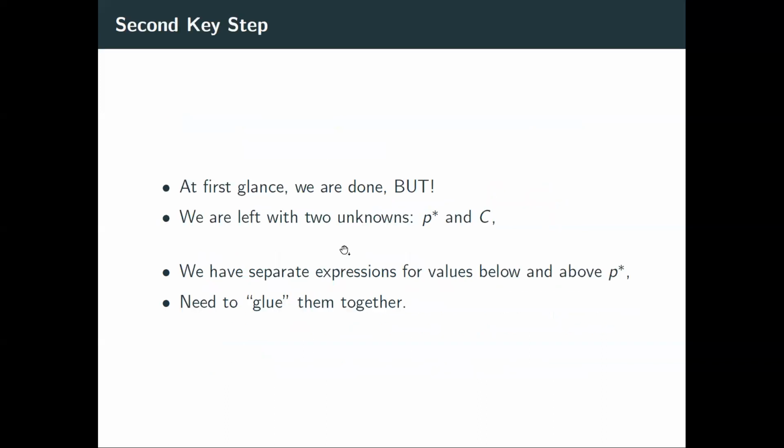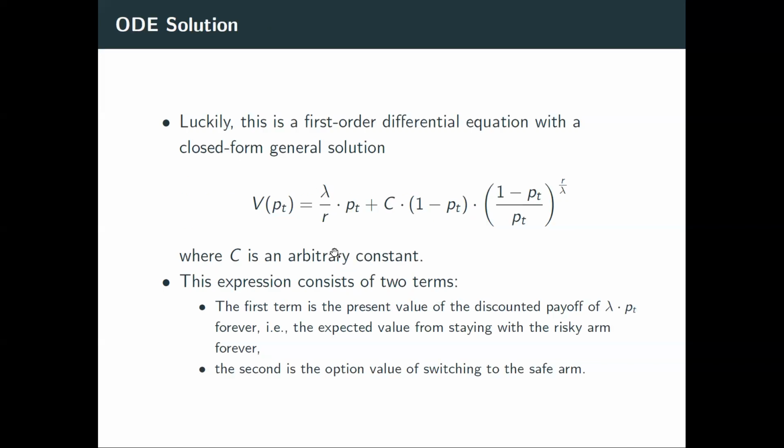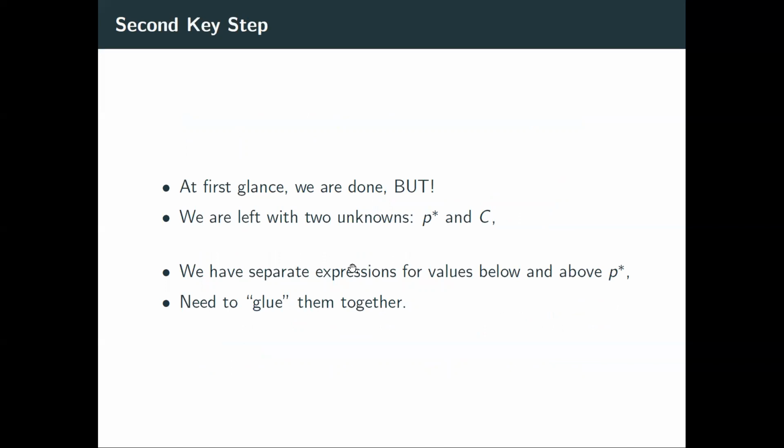So the tough part is actually done. The tough part is always to do this. So the final part is kind of simple and easy. So now let us count what we do not know. We do not know this constant c, and we do not know this threshold at which you stop experimentation with the risky arm, right?